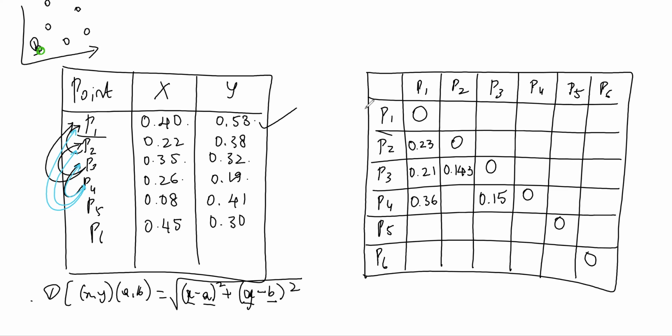How about P4 to P2? I've got 0.194. I'm just writing it as 0.2.